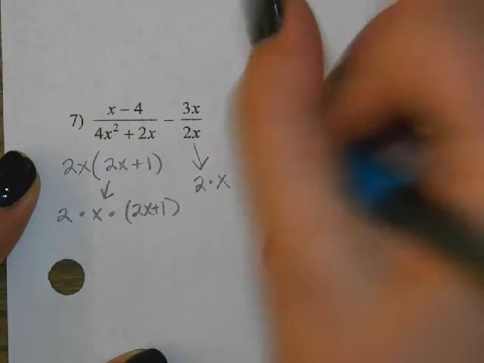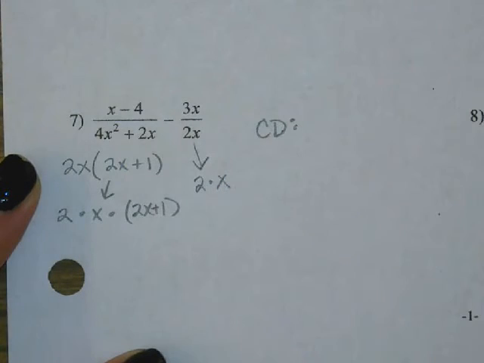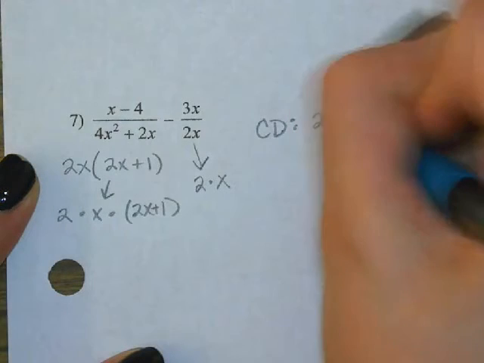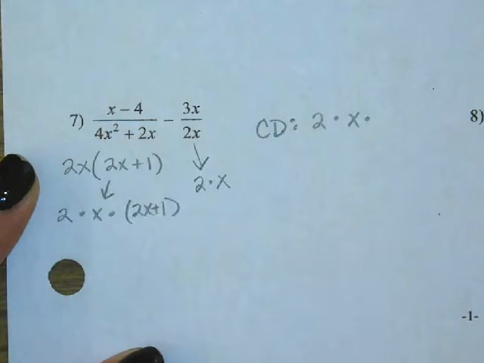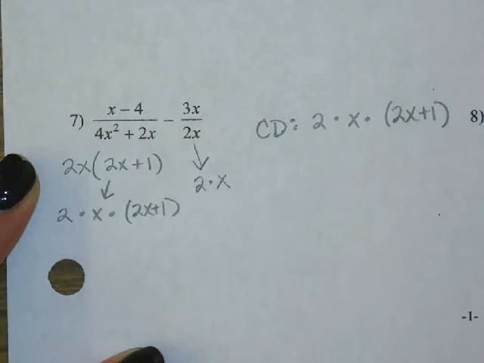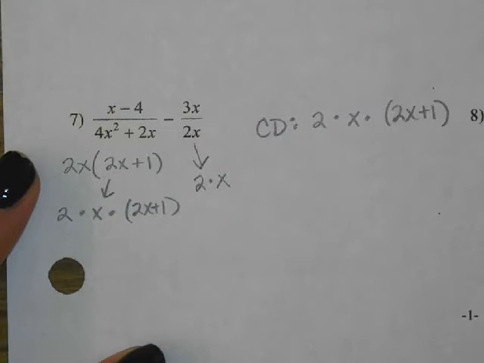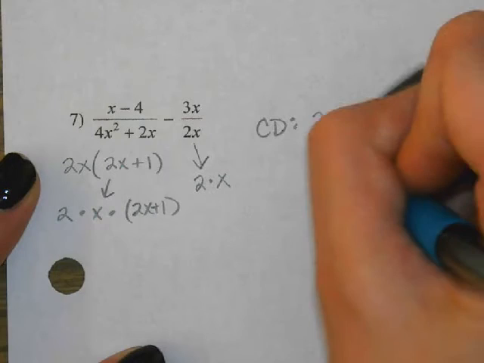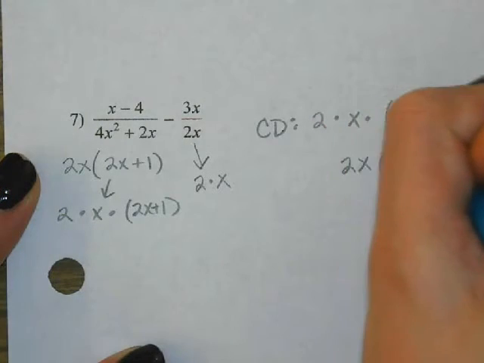All right, so our common denominator needs a 2, right? It needs an x, and it needs a 2x plus 1. It needs the group. So we're going to say that our common denominator is 2x times 2x plus 1.